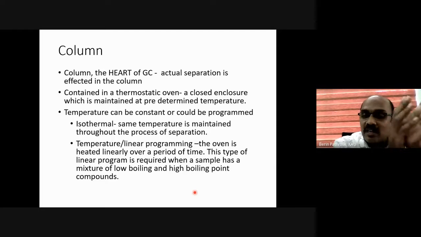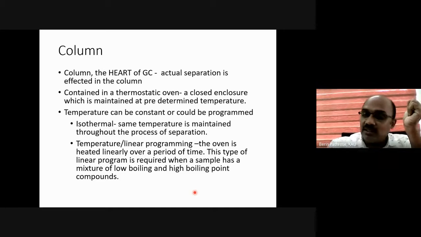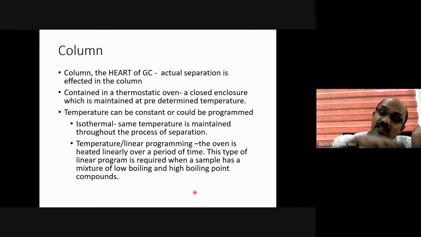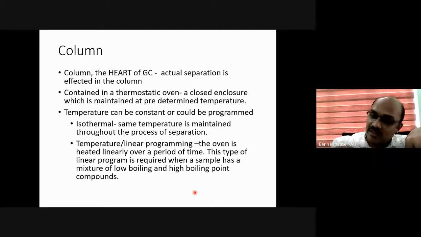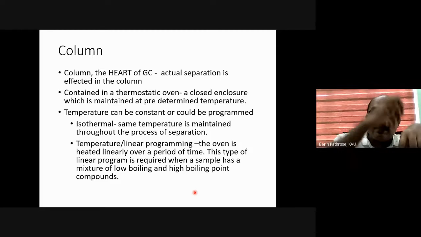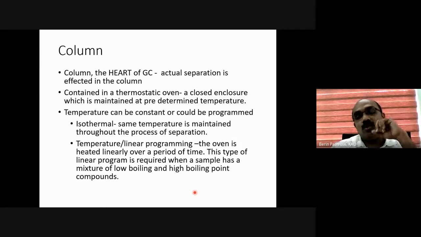It won't be in the gaseous phase. It will convert again into the liquid phase, and it won't move along with the gaseous mobile phase. So if you are keeping the injector at 100 degrees Celsius, the column should be at 100 degrees Celsius or higher, so that the sample vaporized at 100 degrees Celsius remains in the gaseous phase as it moves through the column.